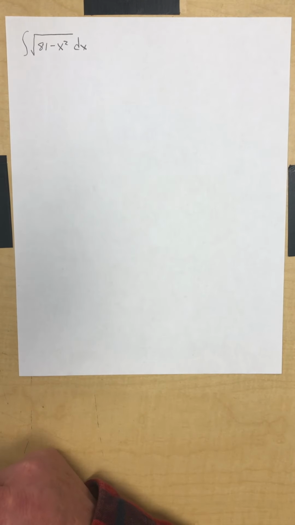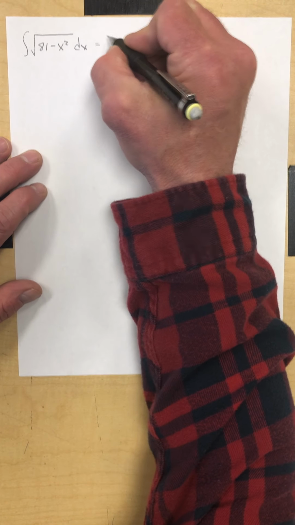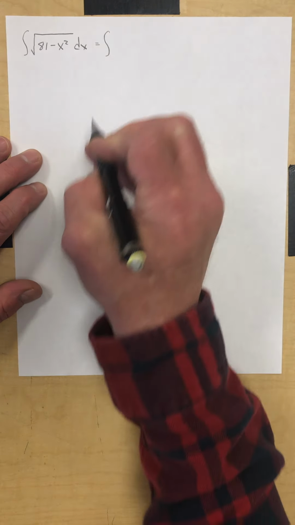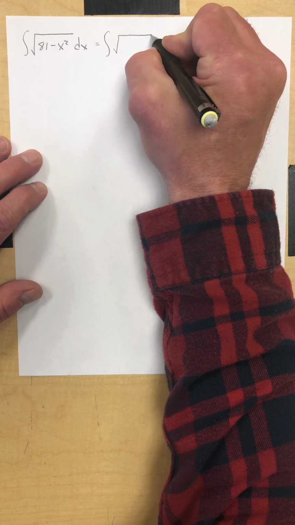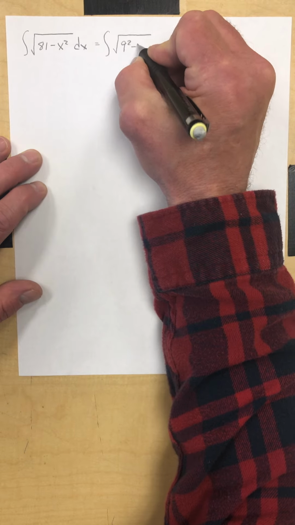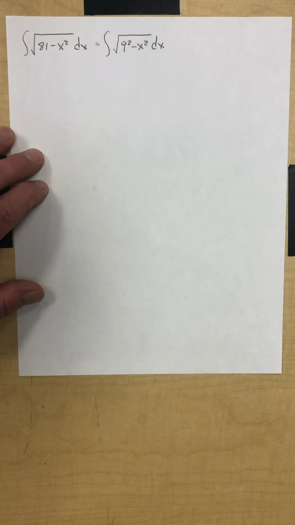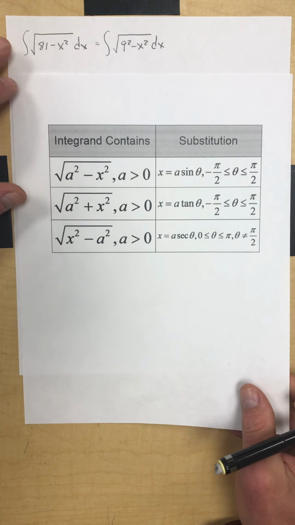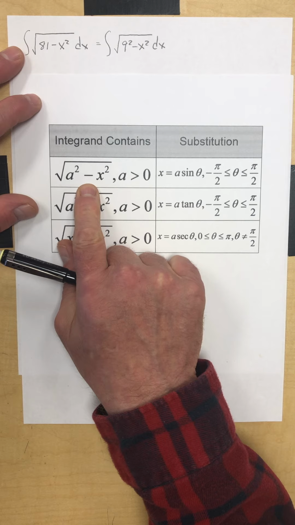Okay, so this was the next problem we were looking at. We want to get that into a form that we can talk about. So I'm going to take this 81 and write it as 9 squared. Then we go to this sheet and it looks like we're in this form right here.